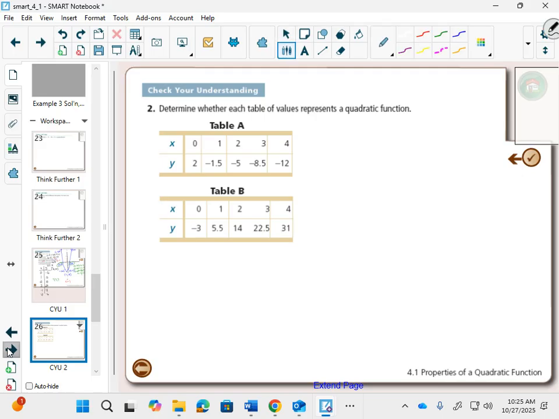So what happens here? The x values are always going up 1. Do we have the 1, 3, 5, 7, 9 pattern in this one? From 2 to negative 1.5, can you see that you went down 3.5? And then here, we go down 3.5 again, and then here, you go down 3.5 again, and finally down 3.5 again.